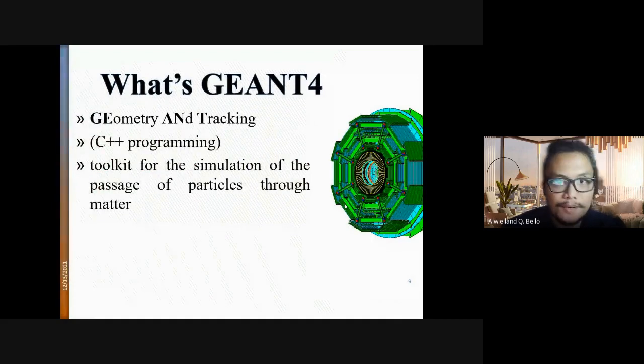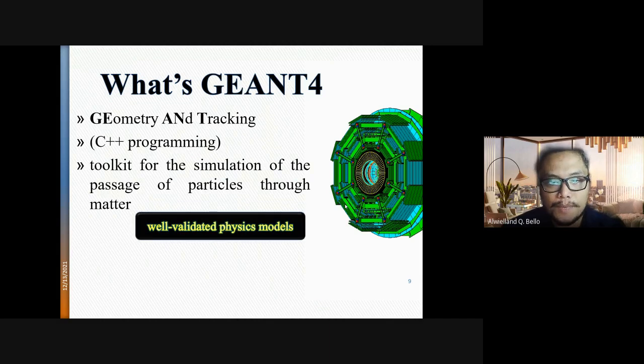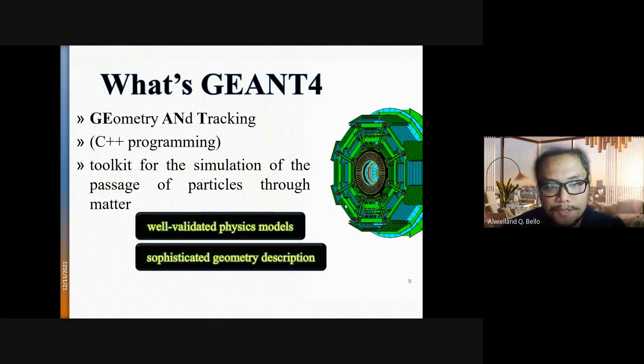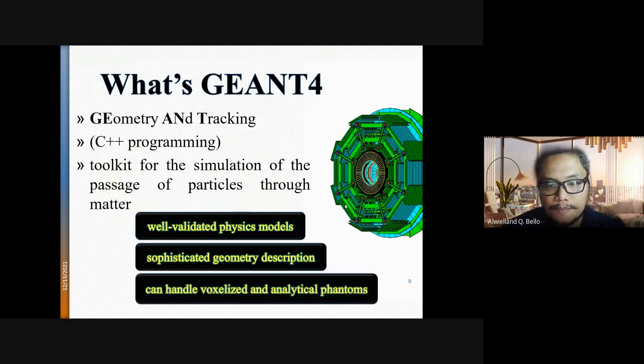So we consider now GEANT4. GEANT4 is geometry and tracking. This is a C++ programming toolkit for the simulation of the passage of particles through matter. This is well validated, has sophisticated geometry description, and can handle voxelized analytical phantoms.